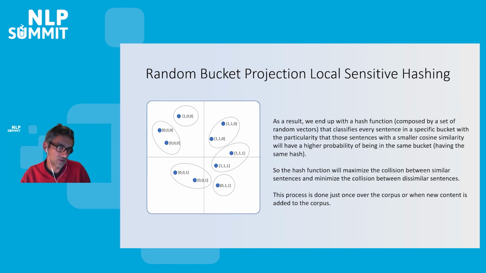You see here that these 2 sentences, whose cosine distance is very close, are falling into the same bucket, and this one is falling in a different bucket, the bucket 0, 1, 1, and these 2 are in bucket 0, 0, 0, and are together because they have a very low cosine distance. So those entities with low cosine distance will tend to have the same hash representation, and this is a kind of index.